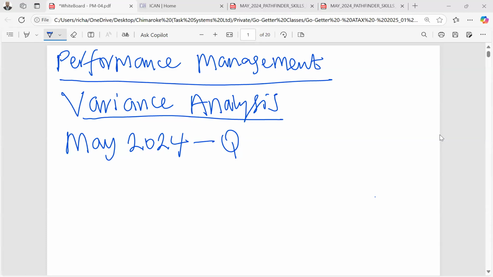But now, look at it now. In variances, we look at comparing the same level of activity. Let's say, for example, you decide to buy 1,000 loaves of bread, for example, to sell.